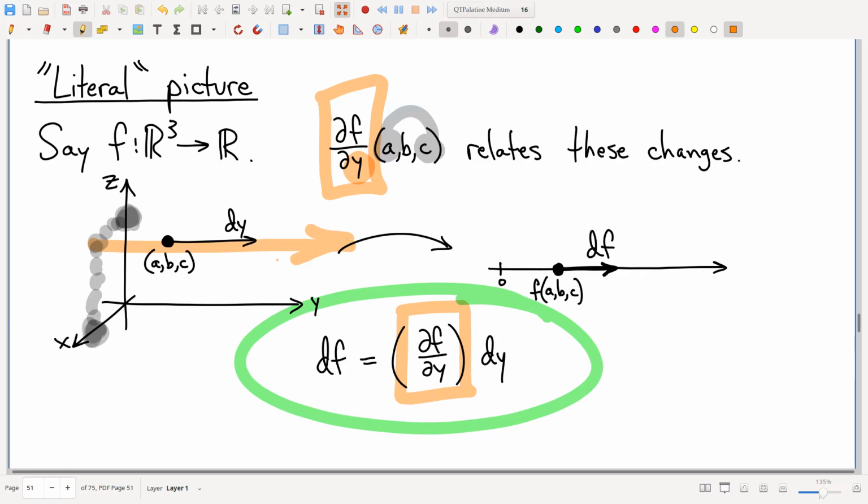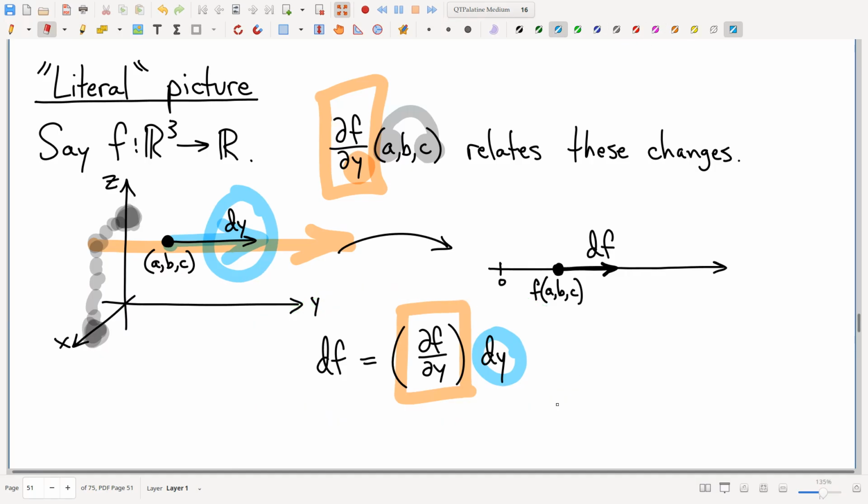And with that understanding that this partial derivative addresses the question of what happens as I move only in the y direction, the partial derivative is the relationship between input change, input differential, and output differential.